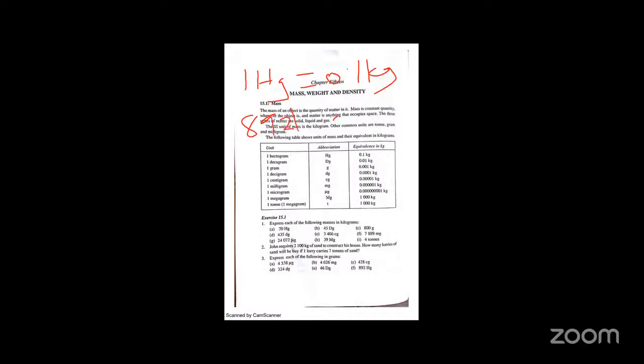How about 892 hectograms? When you convert that to kilograms, you will have 89.2 kg. Since you already have it in kilograms, you can convert it to the next unit, which is grams. We know that 1 kilogram is equivalent to 1,000 grams.